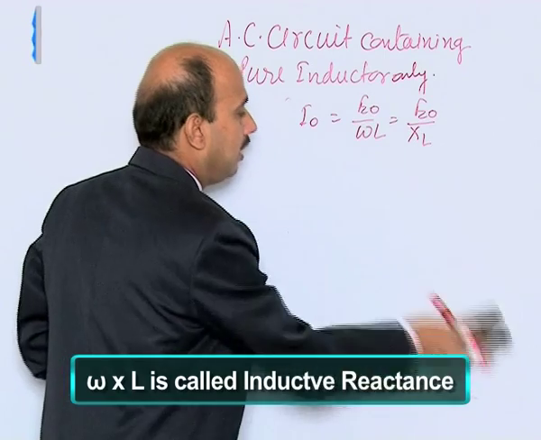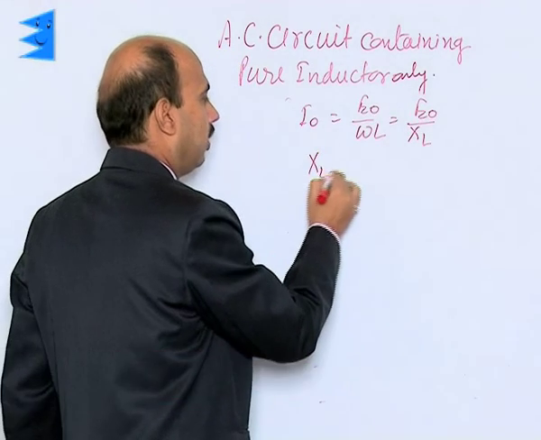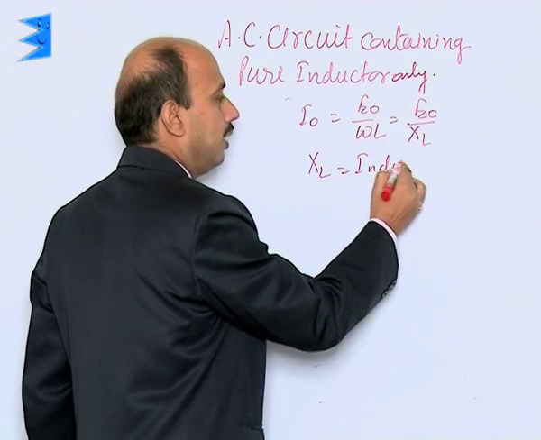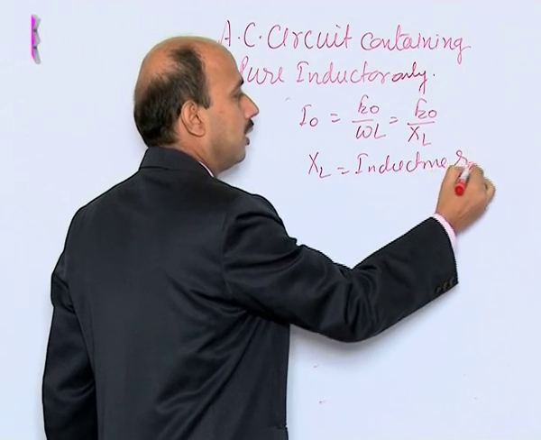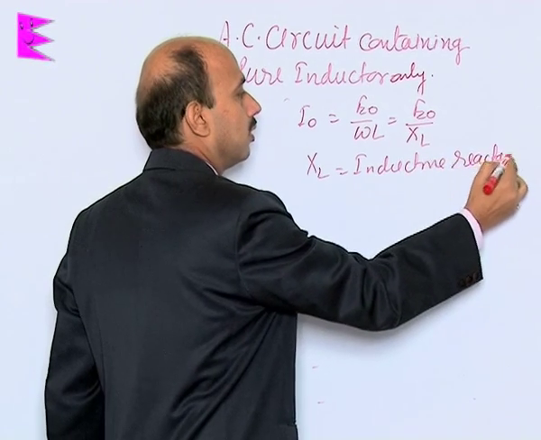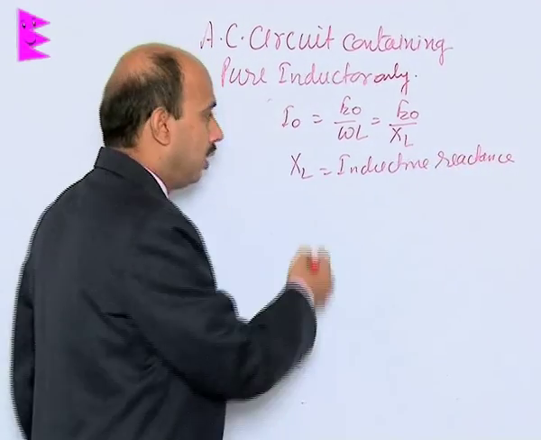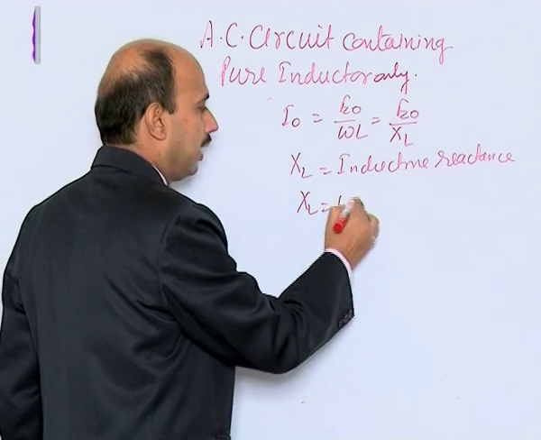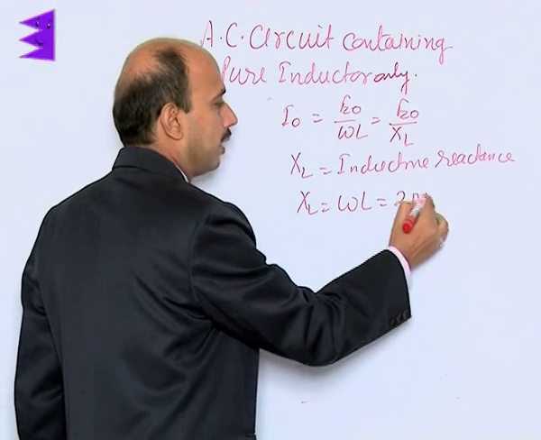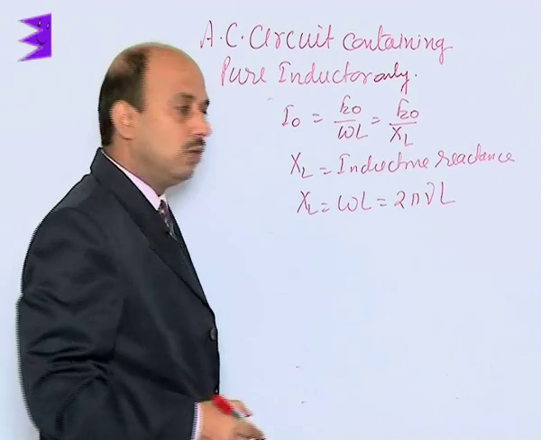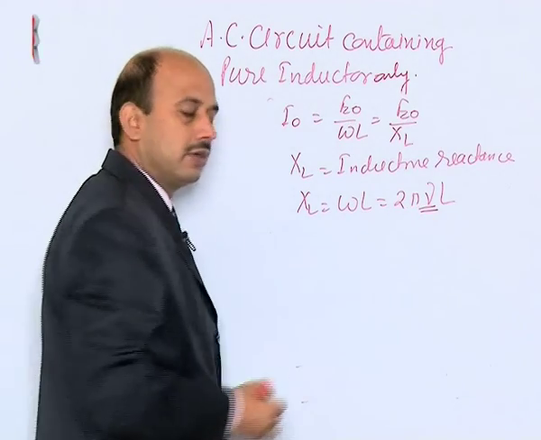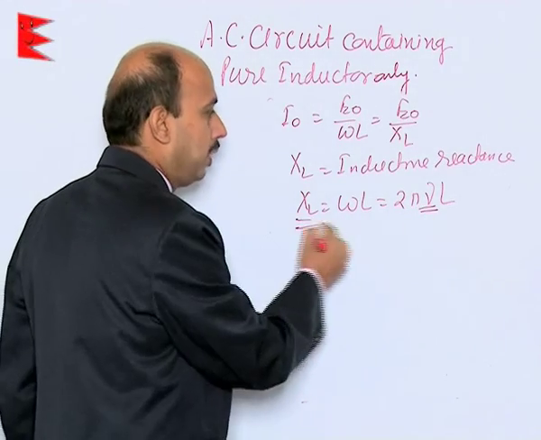X_L is called inductive reactance. Its unit is also ohm, and X_L is equal to omega L, that is 2 pi nu L, where nu is the frequency of the AC applied. So X_L depends on the frequency.